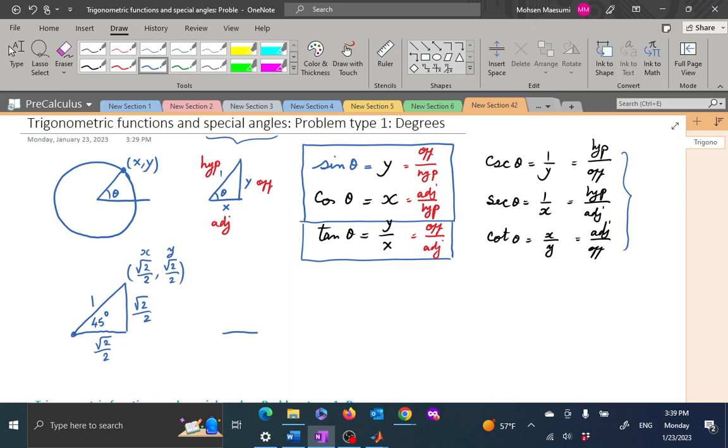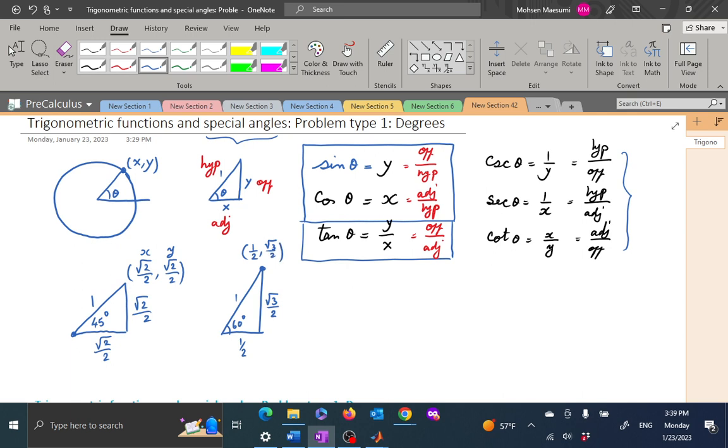If you are dealing with 60 degrees or 30 degrees, the triangle that you're going to be looking at, say this is 60 degrees. If this is 1, this is 1 over 2, and this is radical 3 over 2. Inside of a circle, of course, these are going to be coordinates 1/2 and radical 3 over 2.